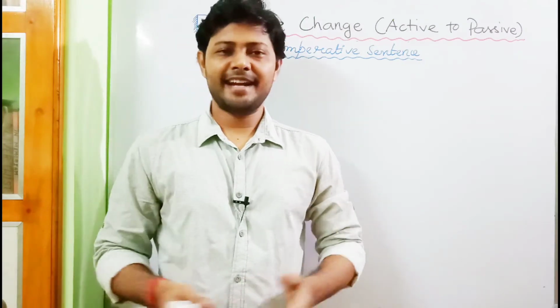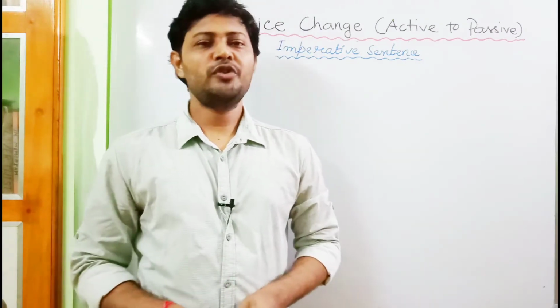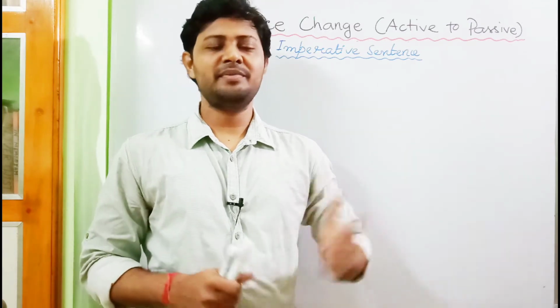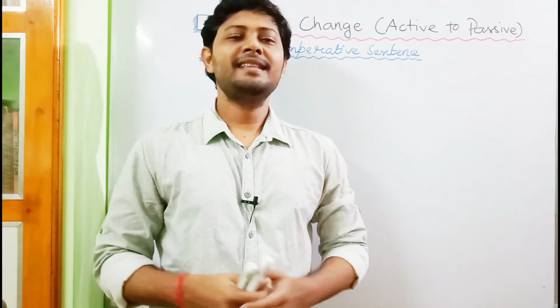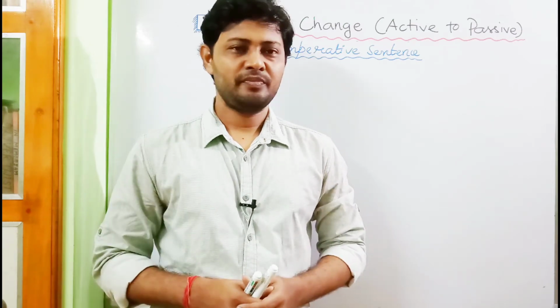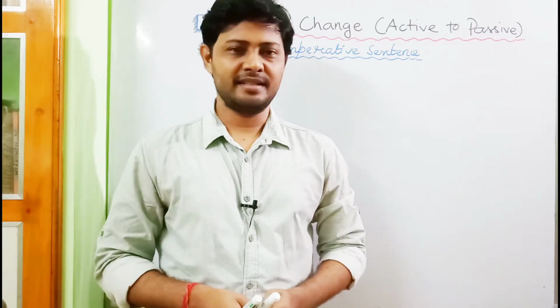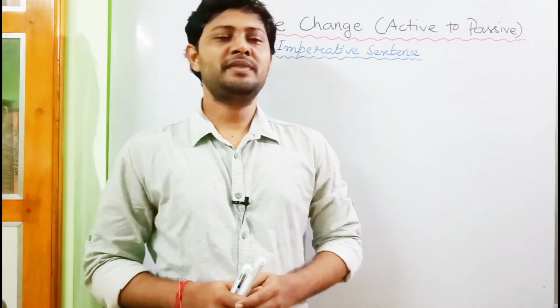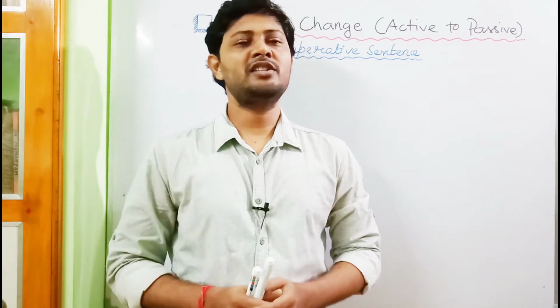Let's learn the second method. For the second method, we have to understand the command of the imperative sentence. While learning the narration change of imperative sentences, we discussed that an imperative sentence has a special kind of command.